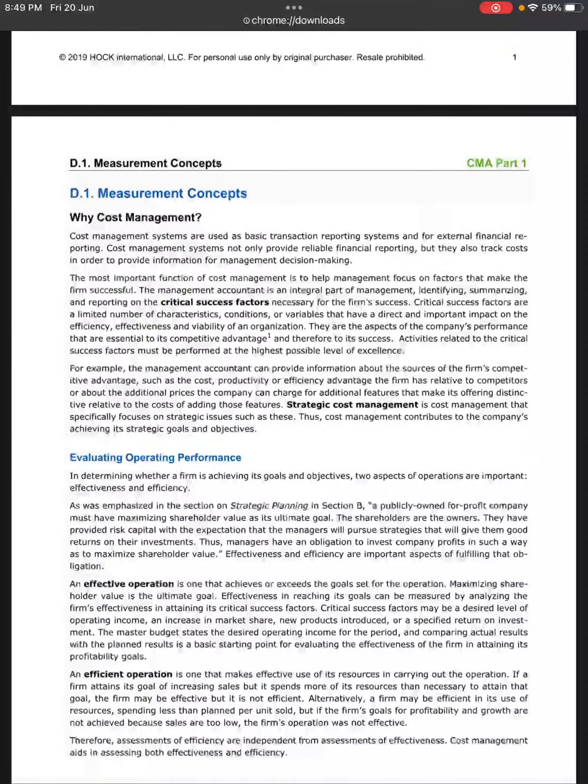Strategic cost management is cost management that is especially focused on the strategic issues.